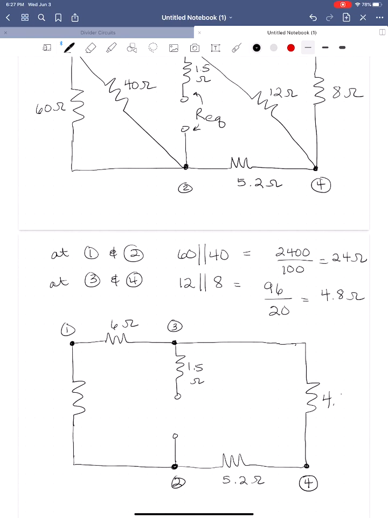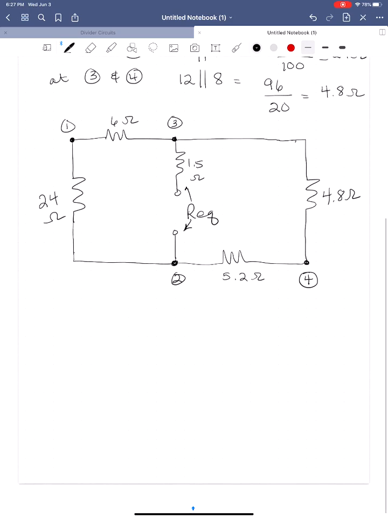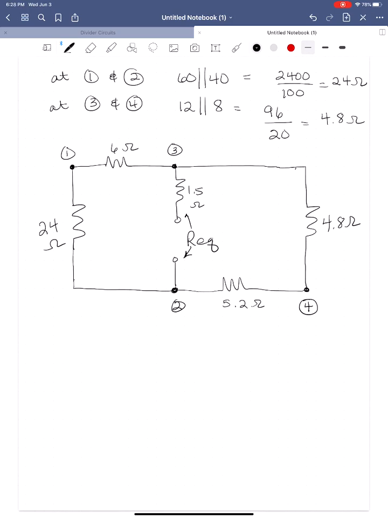So 4.8 ohms, and this is 24 ohms. Okay, and this is still REQ, what we are solving for relative to those 2 points. So we will continue to do this. We made parallel combinations before. We will make series ones now. You typically make series and then parallel, series, then parallel. And so we've got some series ones to make here.